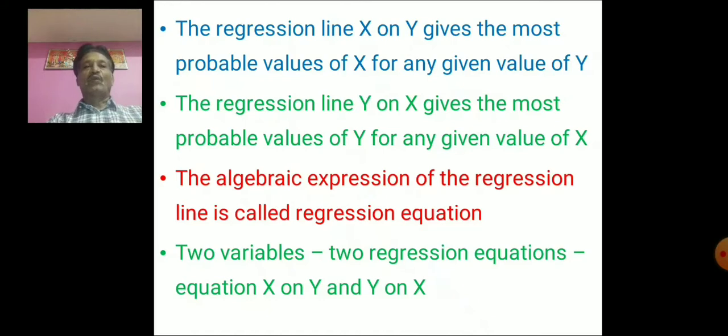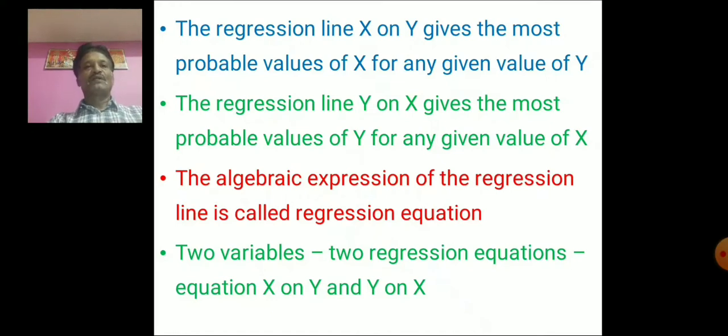The regression line y on x gives the most probable values of y for any given value of x. That means we estimate the value of x when the value of y is given, and in the same way we estimate the value of y with the help of a given value of x.